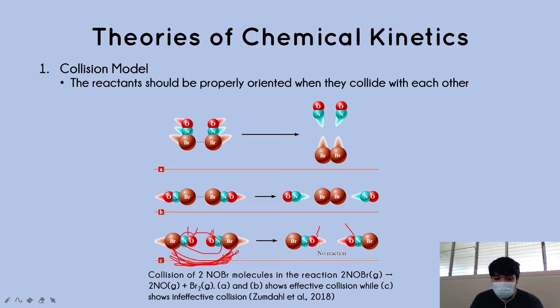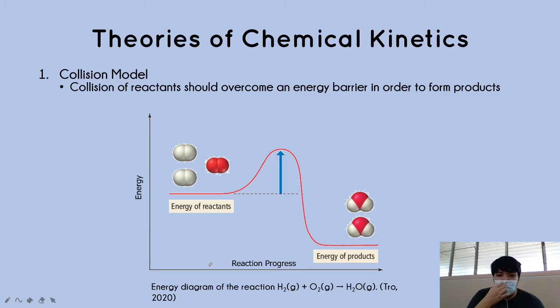So if these parts collide, the bromine moieties will not touch each other. Thus, they will not form bonds, and no product formation will occur. Thus, no reaction.